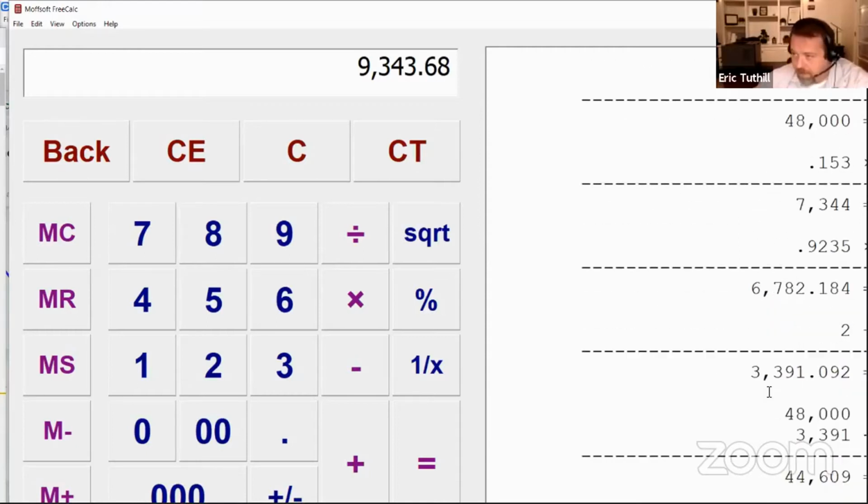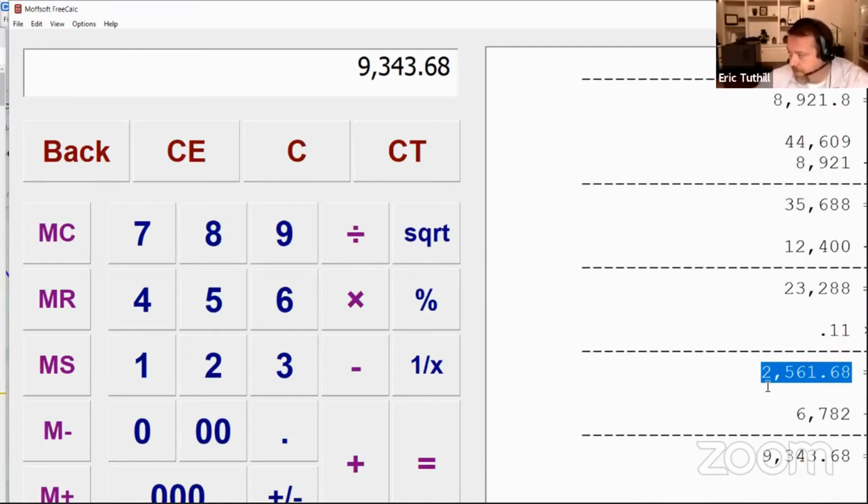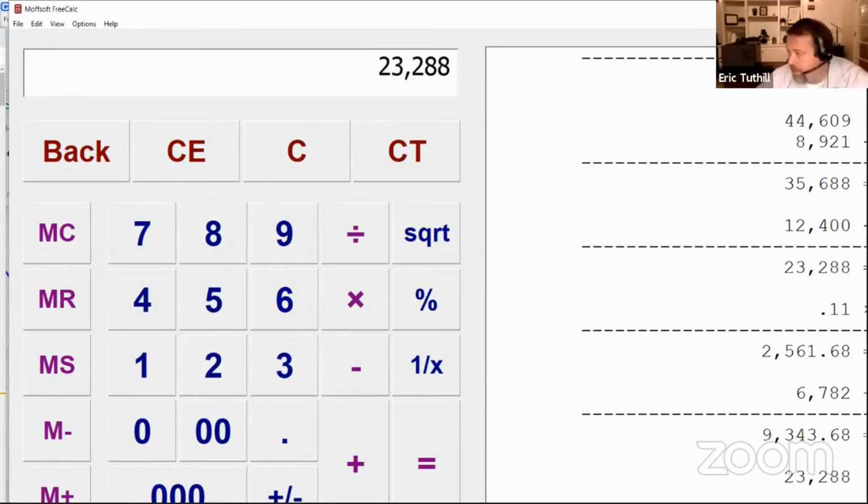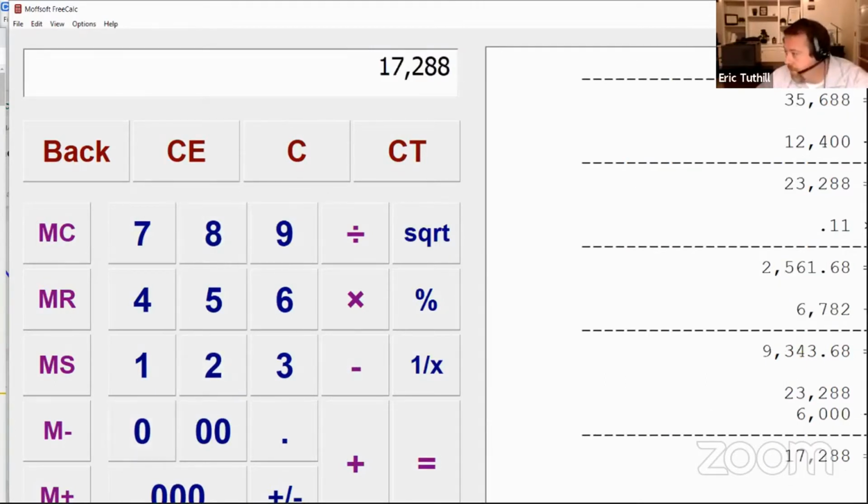We have a traditional IRA here because our adjusted gross income is going to be low enough to handle the complete deduction of it, right? But basically, we're going to take that 23,288 bucks, and we're going to be able to subtract another 6,000 for the IRA. So now we're at 17,288 bucks.